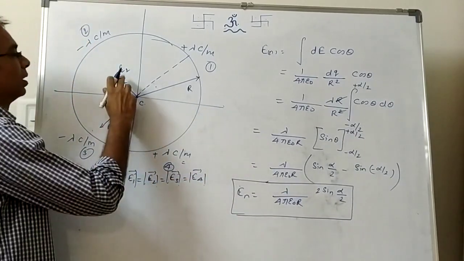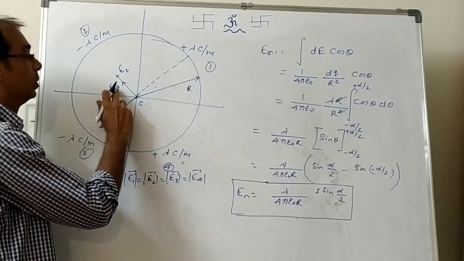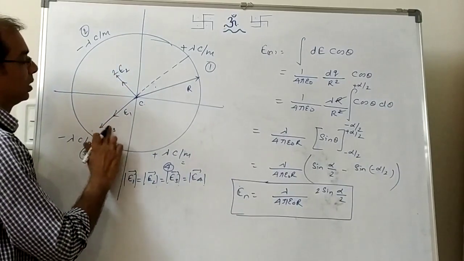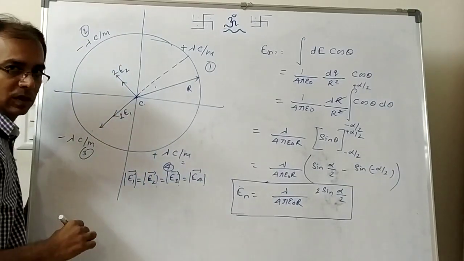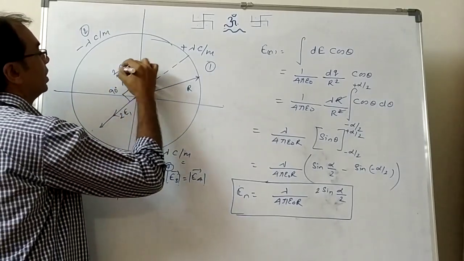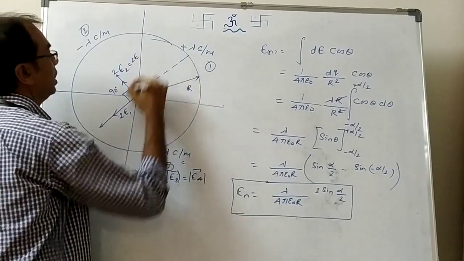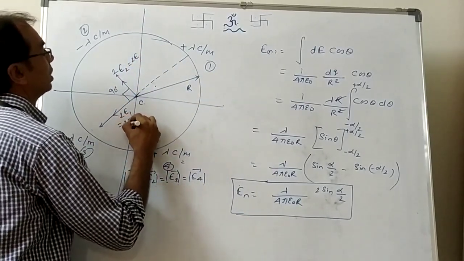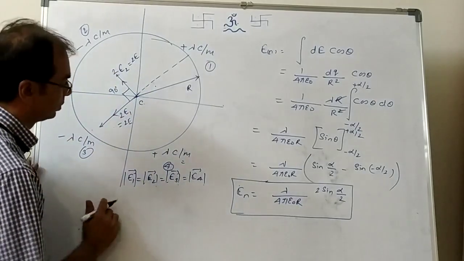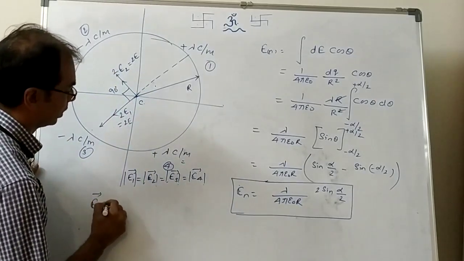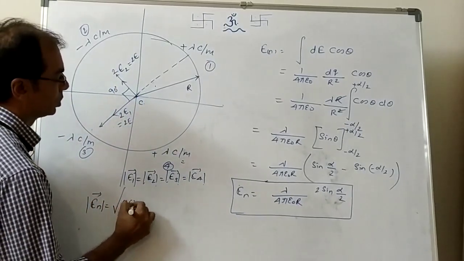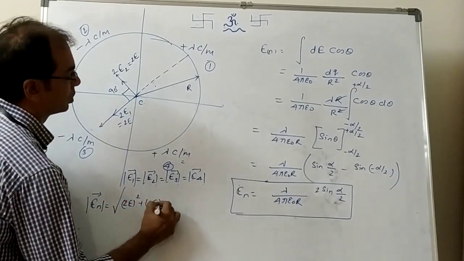So what will happen? We can write E2 plus E4 here, that will be equal to 2 times E2. Same way here also, we can write this as 2 times E1. Now, what is the angle between the two? This is 90 degrees. So if I write this 2E2 for the time being as 2E, and this also as 2E, we have to find the net electric field of this 2E and this 2E. The magnitude is root over (2E) whole square plus (2E) whole square.